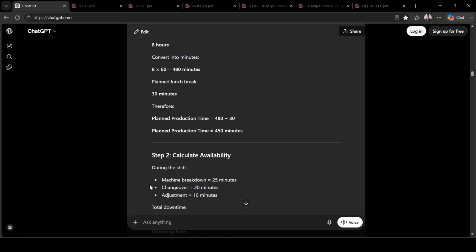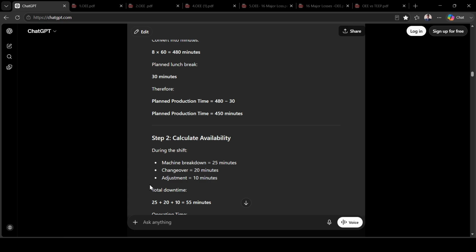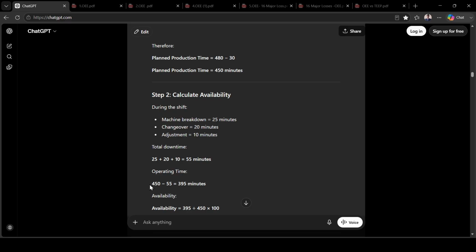Step 2, calculate availability. During the shift, machine breakdown 25 minutes, changeover 20 minutes, adjustment 10 minutes. So total downtime equals 25 plus 20 plus 10, so 55 minutes.